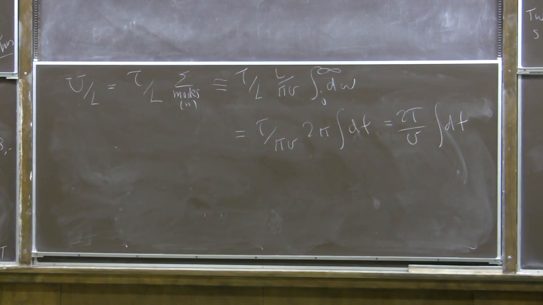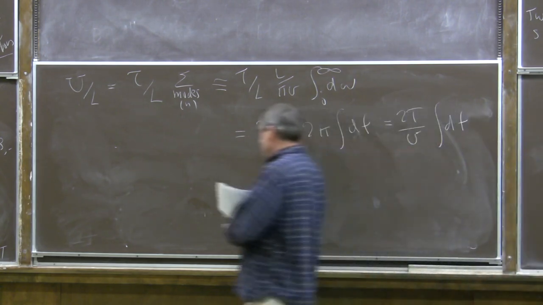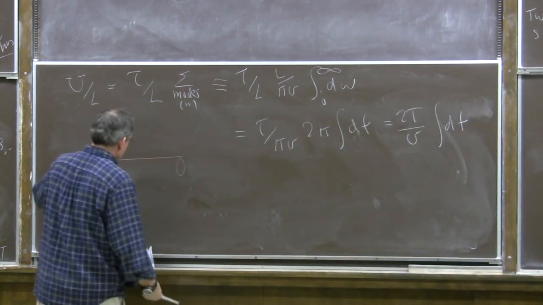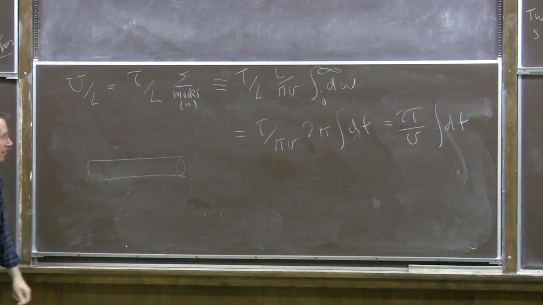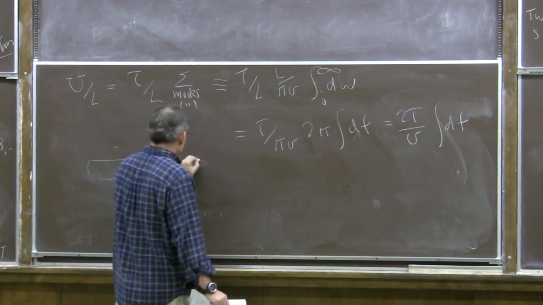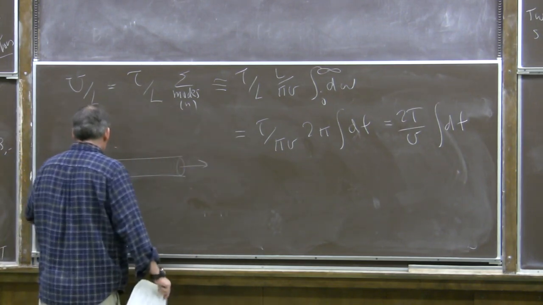But what we're interested in is the rate at which power is coming off the end of the transmission line. We have this cable, and half of the modes are traveling to the right and half of them are traveling to the left.